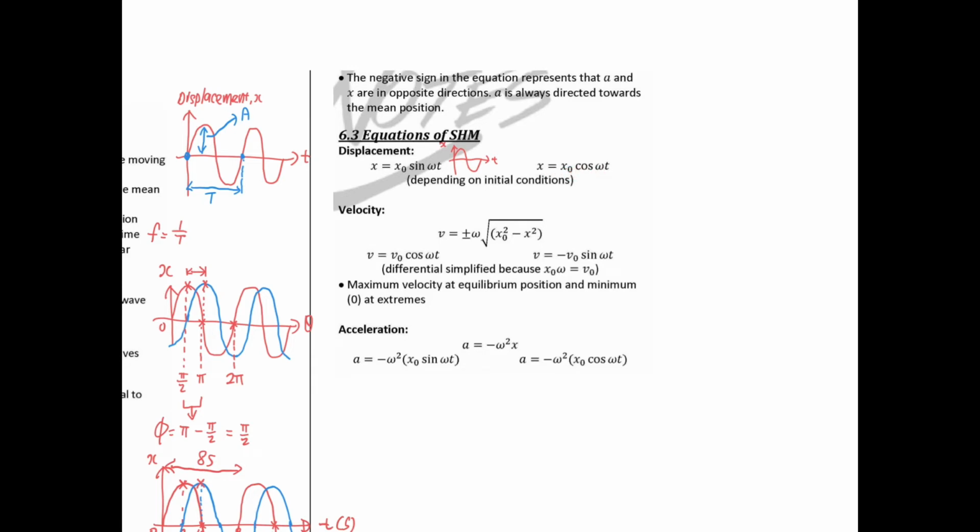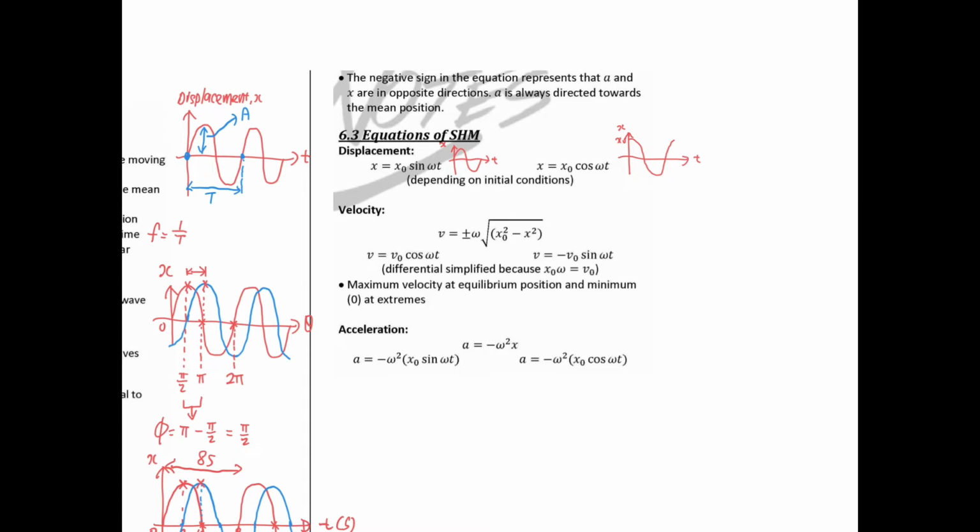So meaning that it doesn't start from the mean point, it starts from maximum displacement. The x naught that I mean is this x0 here. This is called x naught. So it starts from maximum displacement. Of course, you can call it amplitude also. So that's why it follows the cos graph and it looks like that. So x versus t, it starts from x naught.